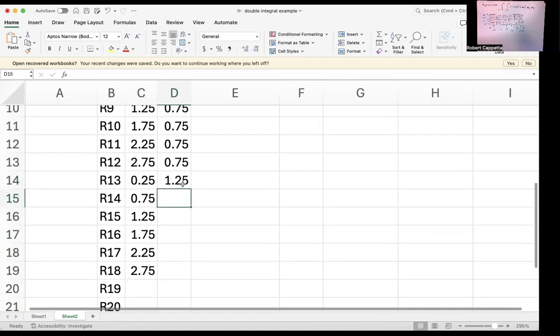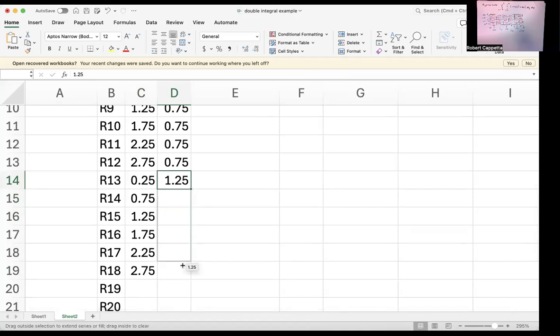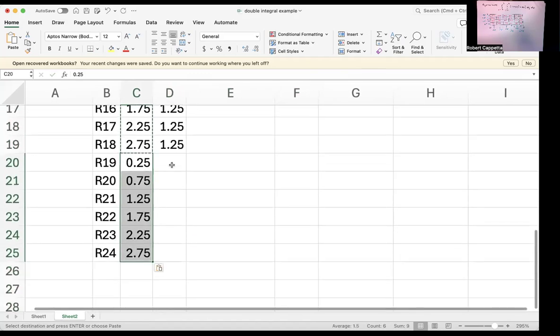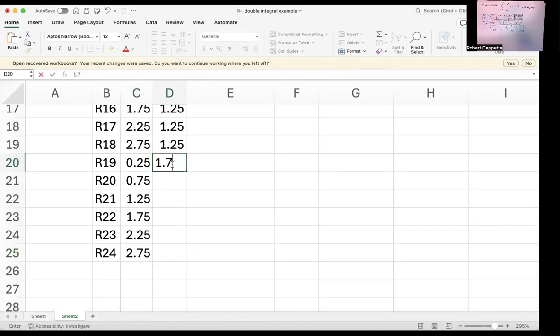Let's autofill those. And then for our last 6, again, the x values are the same, and the y values jump to 1.75. This is a tedious process, but it's a nice way to visualize what's happening.